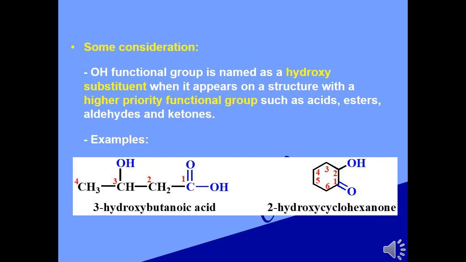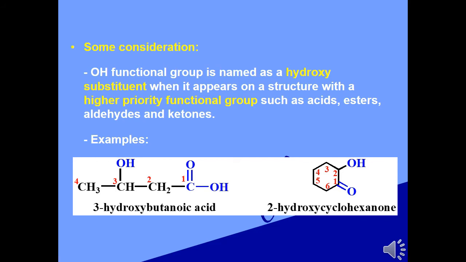Next, some consideration. OH functional group is named as a hydroxy substituent when it appears on a structure with a higher priority functional group, such as acid, ester, aldehydes, and ketones.